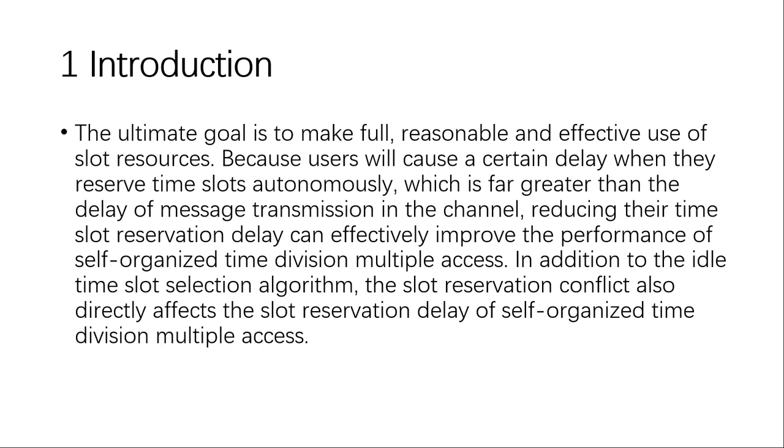The ultimate goal is to make full, reasonable, and effective use of slot resources, because users will cause a certain delay when they reserve time slots autonomously, which is far greater than the delay of message transmission in the channel.